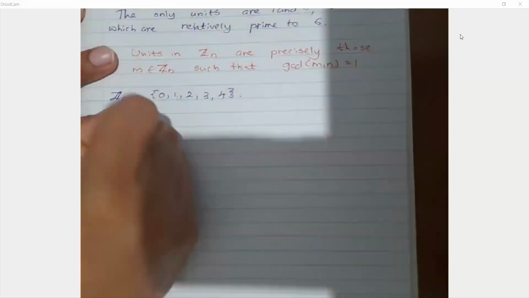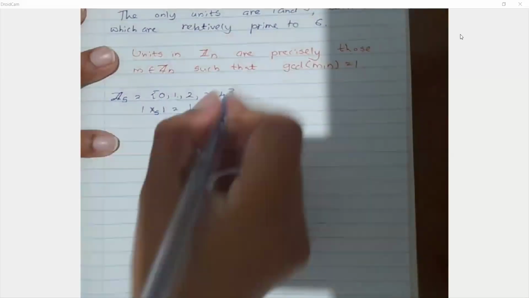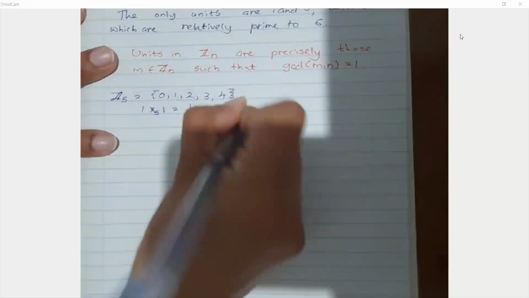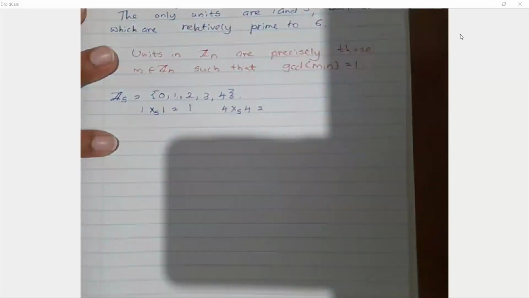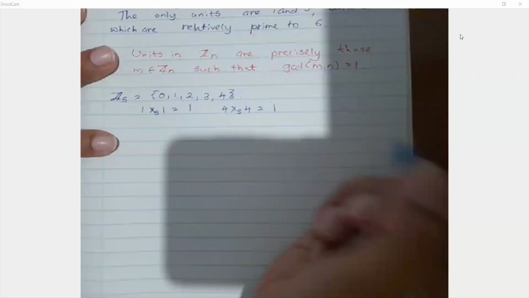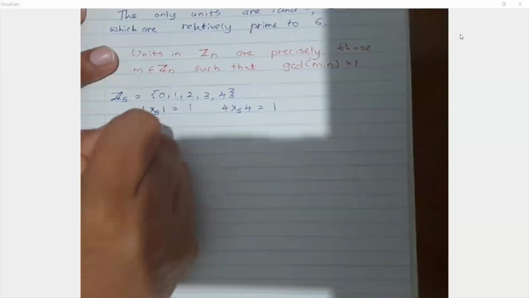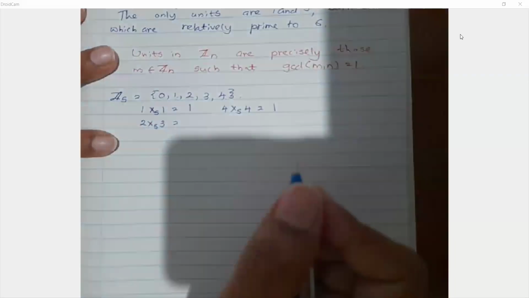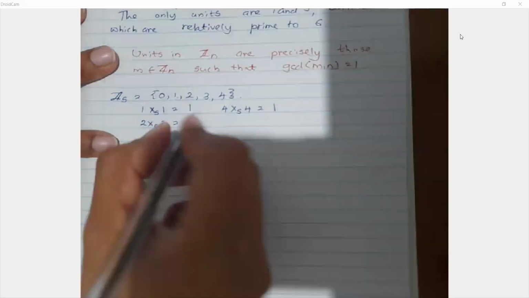It's easy to see they all have multiplicative inverses. When you multiply modulo 5, 1 times 1, you get 1. Then you have 4 times 4, which is 16. Divide by 5, take the remainder, you have 1. Then we have 2 times 3, which is 6. Divided by 5, take the remainder, once again 1.